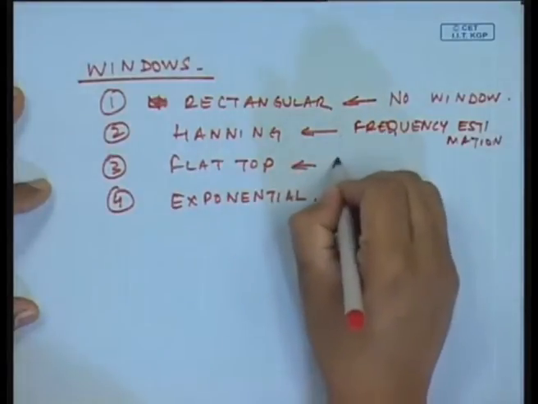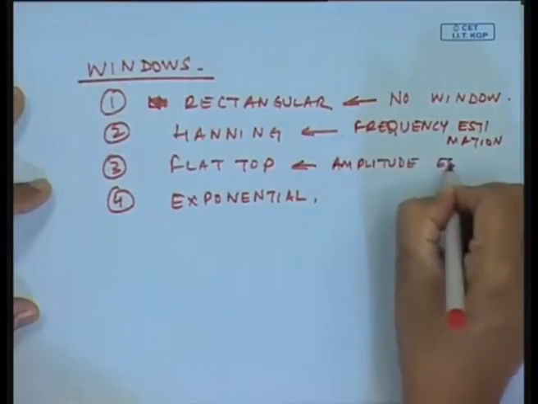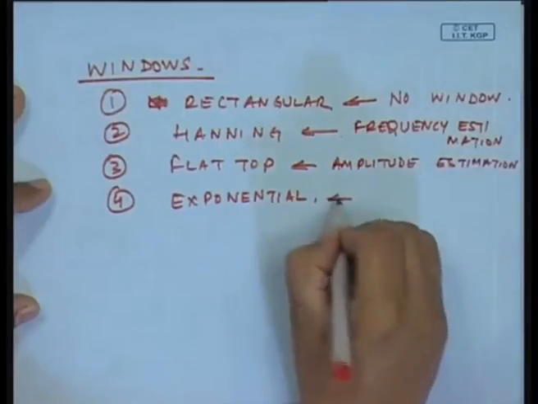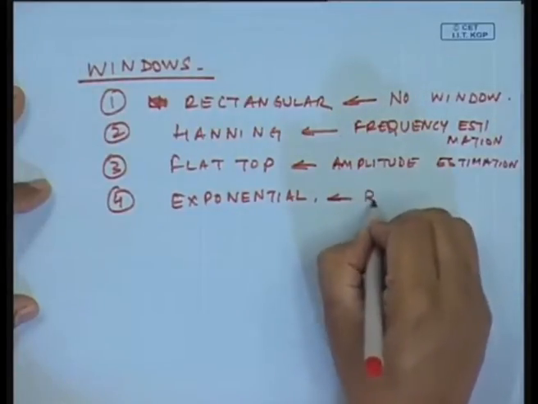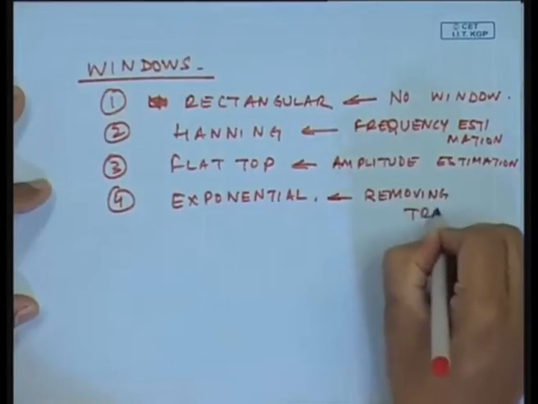This is for a good amplitude estimation, and then this is for removing transients.